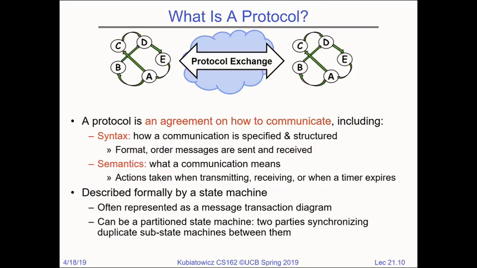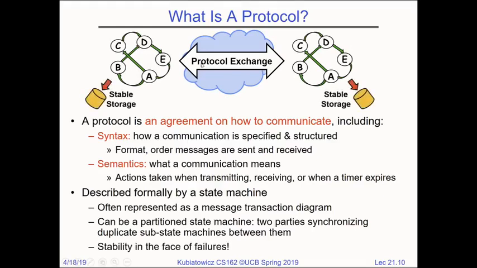Okay, and there's a lot of classes around here that will talk about that sort of thing. The most important part about this is that the protocol is specified in a way that tries to make this work seamlessly, and typically there's some sort of stable storage underneath the covers that makes sure that in the case where one or the other end fails, you can come back up and pick up somewhat where you left off.